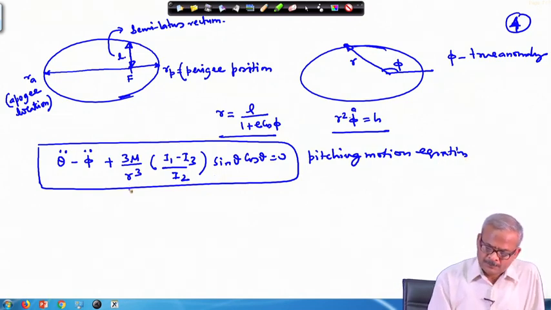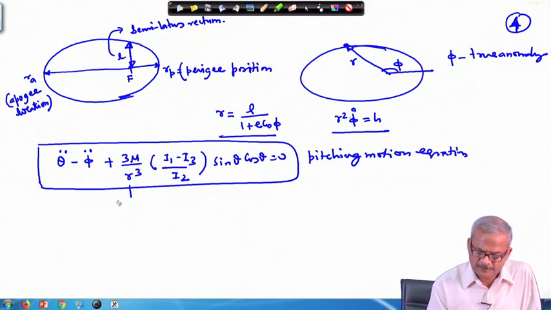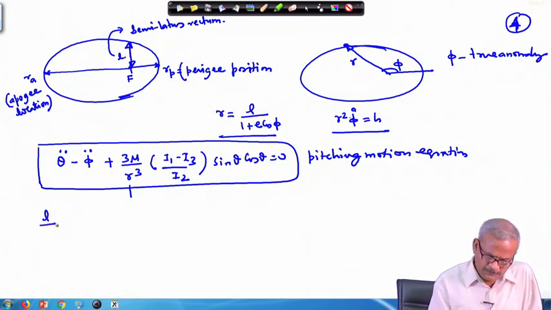Okay. So, this part we have to resolve and write in a particular way, so that it is convenient for analytical analysis. So, we use this relationship, r equal to L by 1 plus e cos phi. We are interested in finding out this quantity.